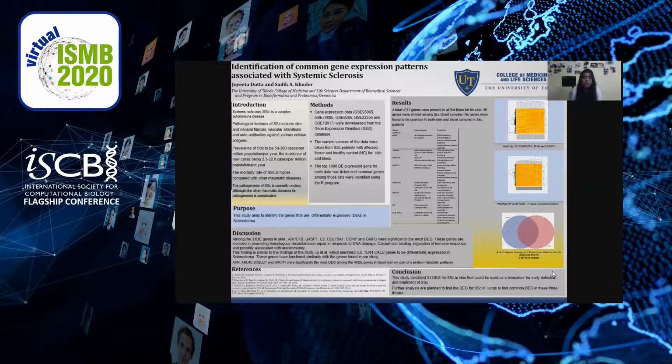We have further plan for studying the lungs datasets for systemic sclerosis. Following the similar method, we are planning to compare the differentially expressed genes in the lungs with these two findings and see whether there is any common gene between lungs and blood and between lungs and tissue.